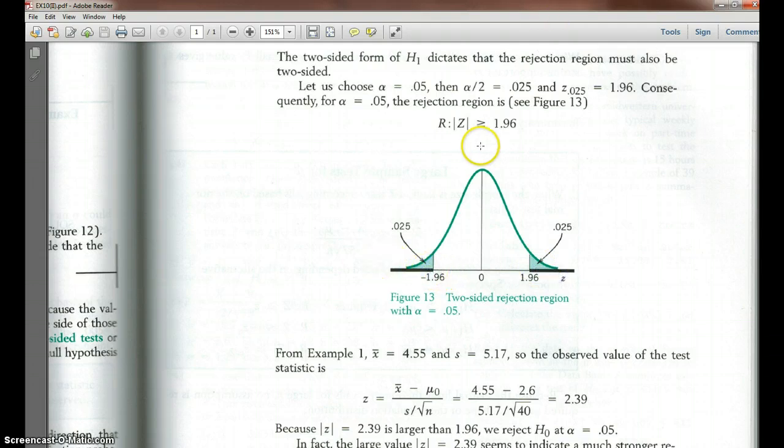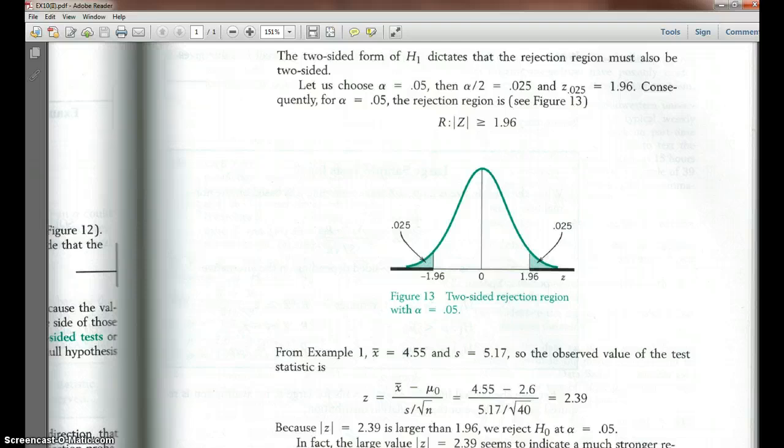The total area is 0.05, and because they're symmetric, half of it is 0.025. Then we find the corresponding cutoff points, z-values 1.96 and negative 1.96. So the first step is to find the corresponding cutoff point.